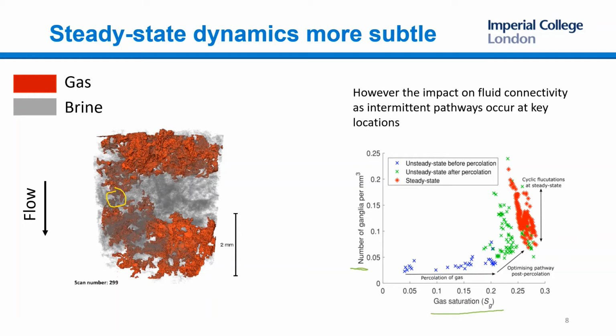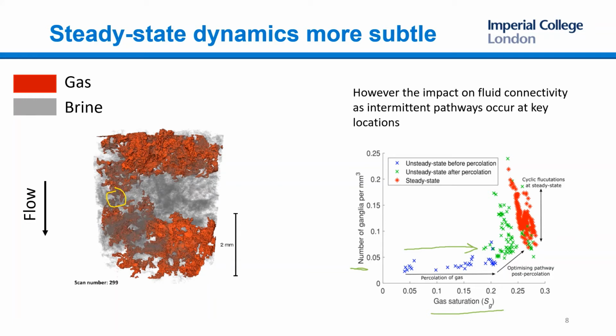And what you can see is that prior to percolation, we see a large increase in the gas saturation, but not at the expense of the number of ganglia. So that remains pretty constant. Once percolation has occurred, the gas saturation is changing much less rapidly, but we are optimizing the pathway post-percolation, and the number of ganglia is actually increasing.